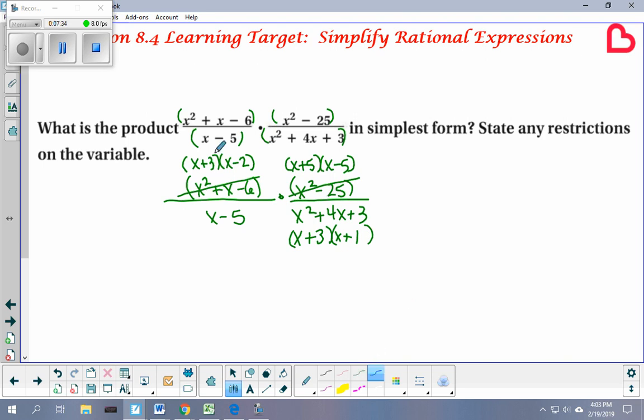We have an x plus 3 in the numerator and x plus 3 in the denominator. An x minus 5 and an x minus 5. So in the numerator then, we have x minus 2 over x plus 5 and x plus 1.